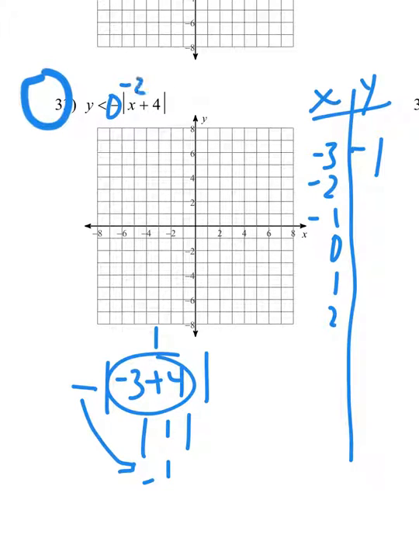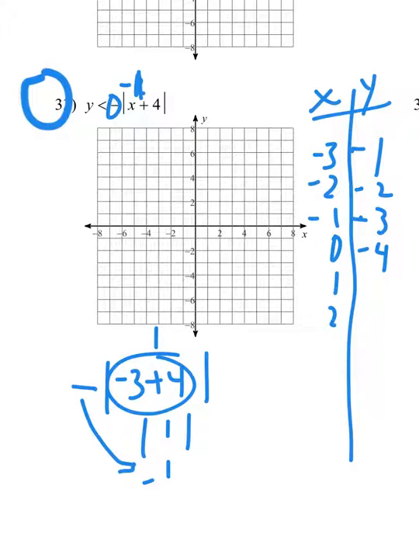When I put -2 in, -2 plus 4 inside absolute value is 2. I take the absolute value of it. It's 2. This turns it back to -2. If I put -1 there, I'll get a 3 inside absolute value. Absolute value of 3 is 3, -3. Put 0 in. 0 plus 4 is 4. Absolute value of 4 is 4. This turns it back negative with that negative out in front, so it's -4.